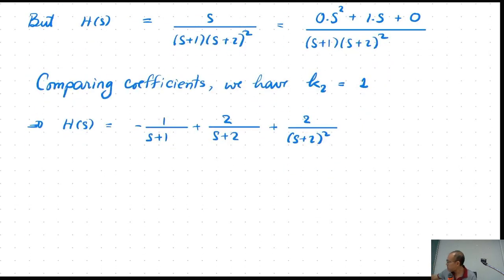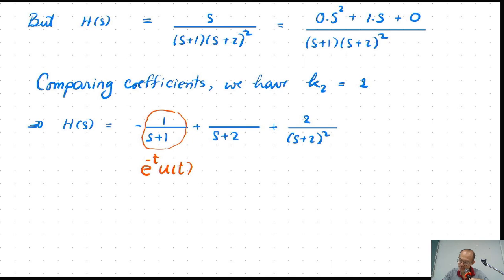Now, from here, we're happy because we can find the inverse Laplace transform of each term, right? The first term gives us e to the negative t, u(t). Oh, it is 1, sorry.